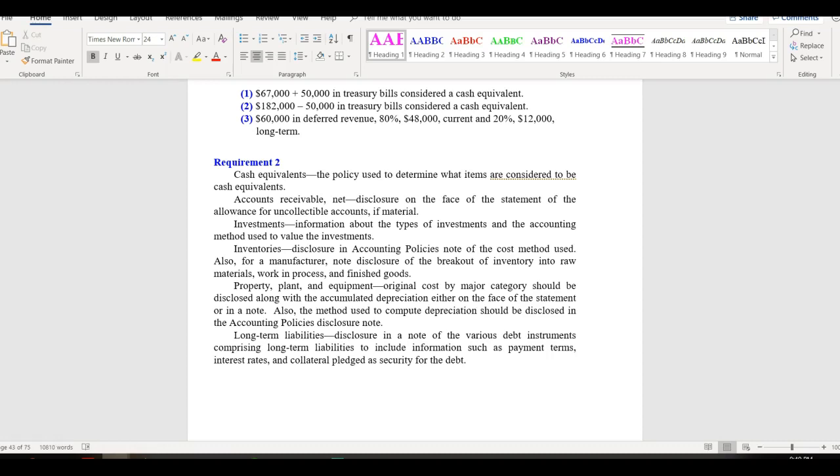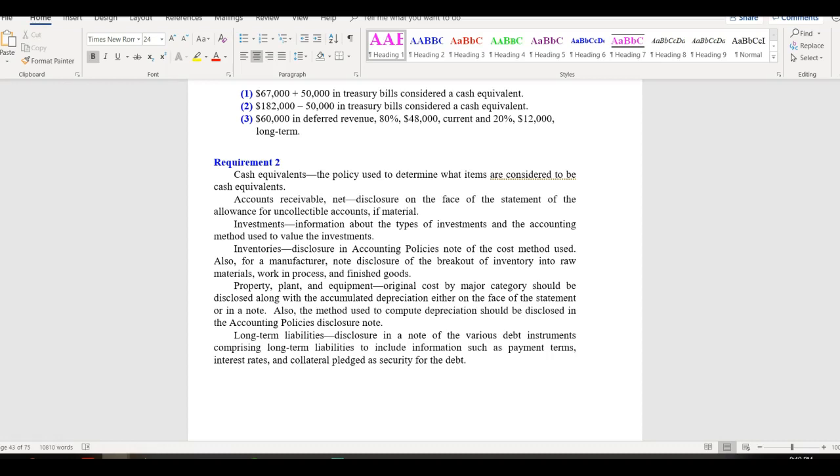items are considered to be cash equivalents. For accounts receivable, the disclosure on the face of the statement of the allowance for uncollectible accounts if it's material. Regarding investments, the information about the type of investments and the accounting method used to value the investments.